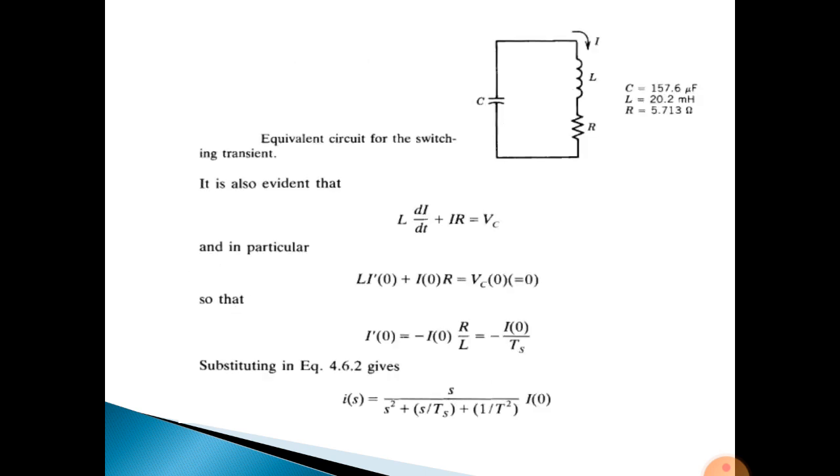This is the equivalent circuit of the load switching transient. Already we calculated the values of R, L and C, so substitute these values in the equivalent circuit and form a closed loop.